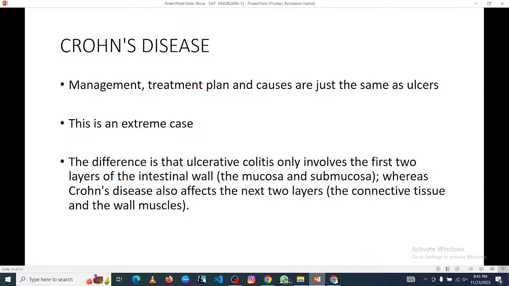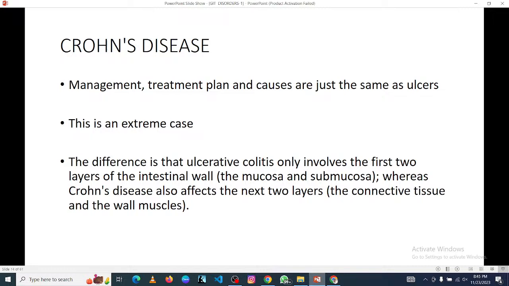Mostly it affects the terminal end of the ileum, the part that borders the colon, where the ileum is getting into the colon. It normally affects that particular part.